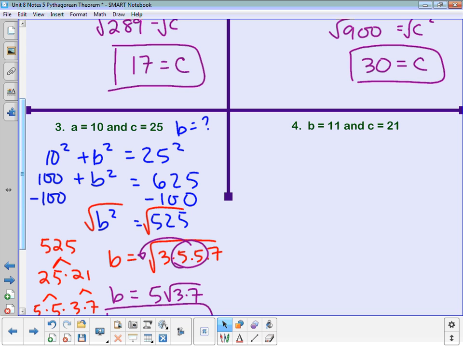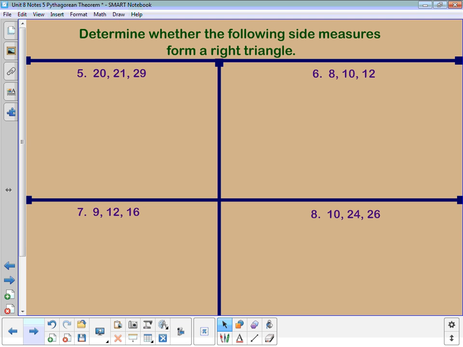In 5 through 8, we're supposed to determine whether the following side measures give us a right triangle. So these are those Pythagorean triples that we were talking about. I need to drop all of these into the Pythagorean theorem and see if they work out for me. Now, one thing to keep in mind is that the longest side is always the hypotenuse. So I need to look at the 3 numbers I'm given, in this case, 20, 21, and 29, and find the longest side.